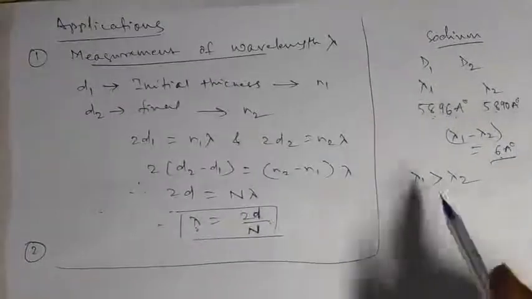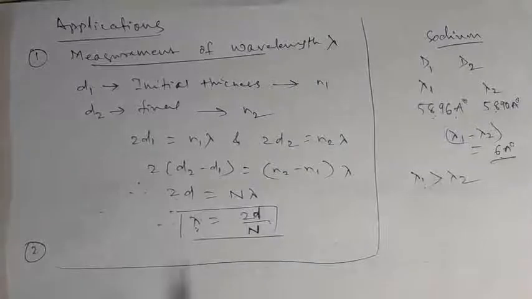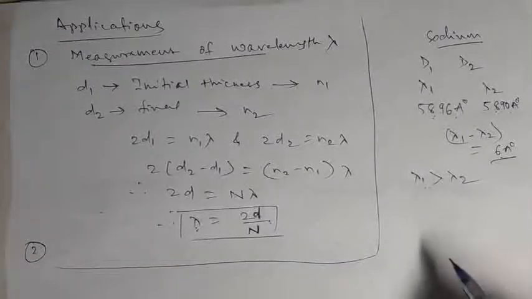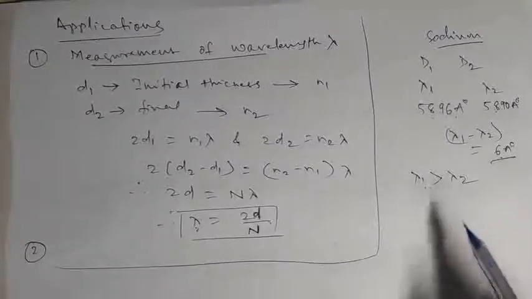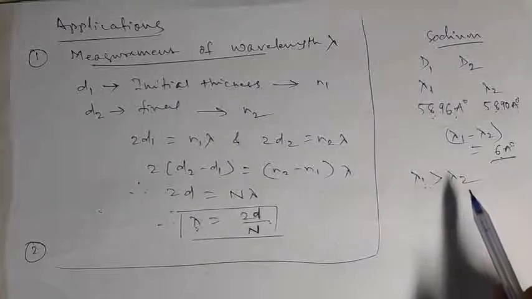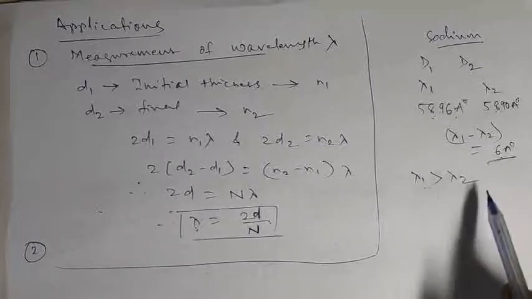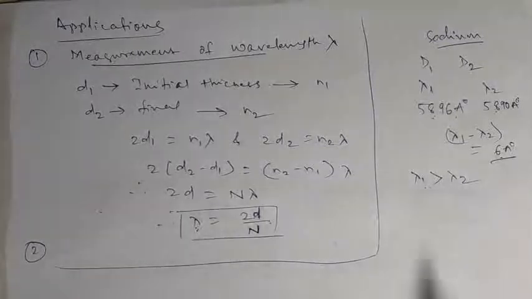So lambda 1 is greater than lambda 2. If a source of light consists of two slightly different wavelengths, lambda 1 and lambda 2, then two sets of fringes corresponding to the two wavelengths are produced in the Michelson interferometer.